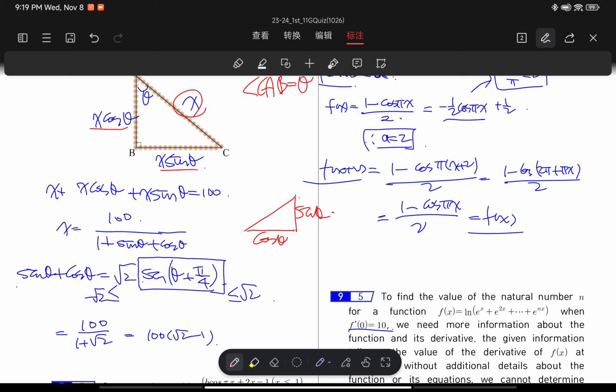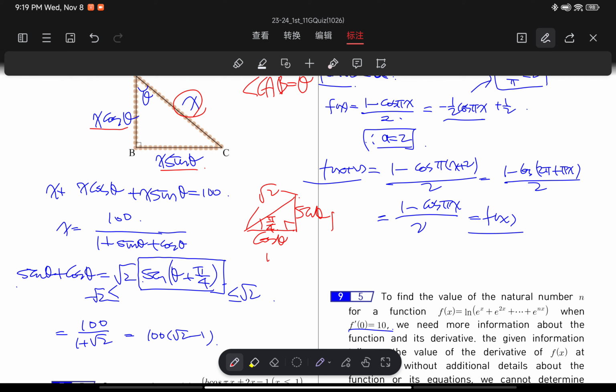Suppose this is a right angle triangle, so its hypotenuse is square root 2. So sine theta plus cosine theta equals square root 2 times sine of theta plus pi over 4. So sine theta plus pi over 4 should be larger than or equal to negative 1 and less than or equal to 1.